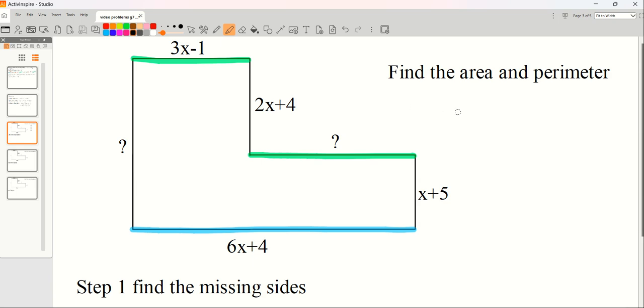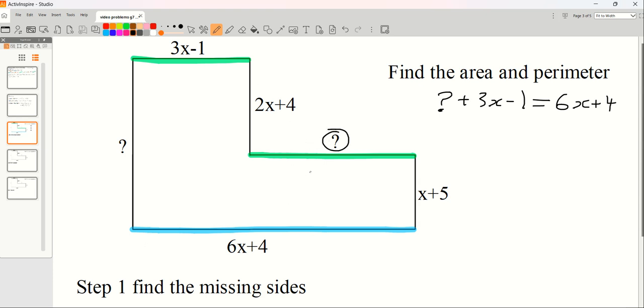Let's write down the calculation. We know that question mark plus 3x minus 1 will give me 6x plus 4. So now we are going to figure out what this question mark is.